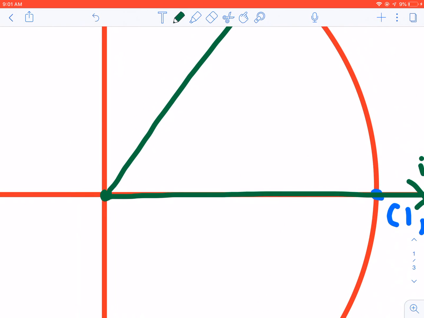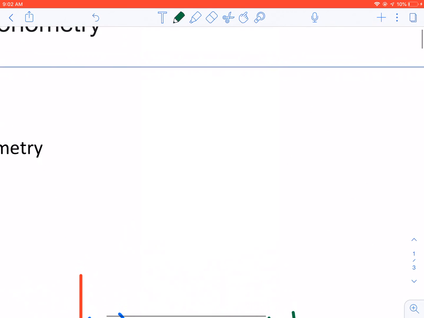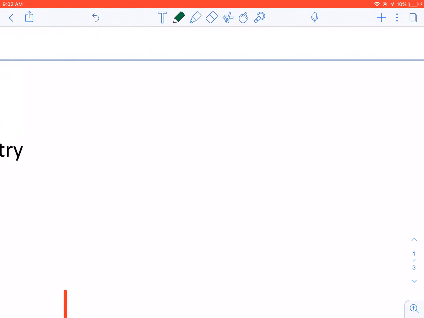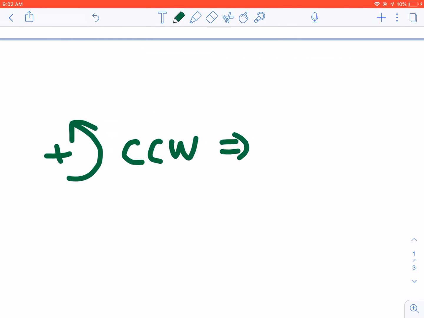And the measure of angle theta will be there. And notice I drew a little arrow here because we know angles, when they're measured in a counterclockwise way, that's a positive degree measure. Right? So this way is positive. Counterclockwise, we know theta is going to be positive.